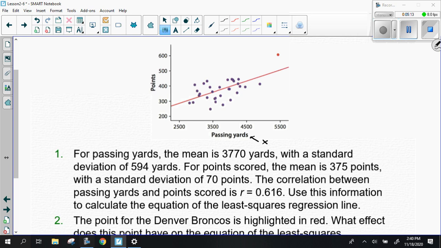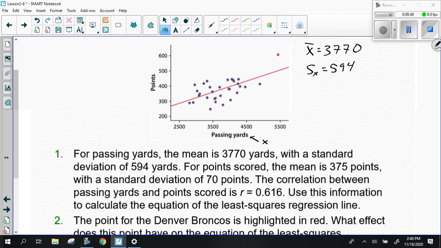So if it says for passing yards, the mean is 3,770, what they're telling us is that x bar is equal to 3,770. And it's telling us that the standard deviation of x is 594.